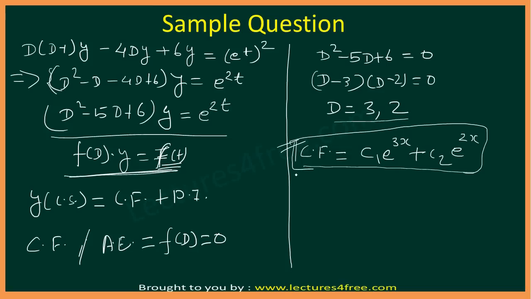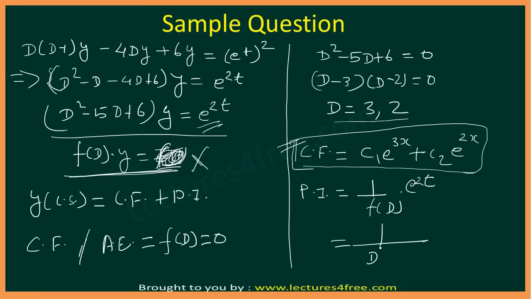Now let's solve for the particular integral. The particular integral will be 1 upon f(D) acting on capital X, where capital X represents e to the power 2t. So you can write 1 upon D square minus 5D plus 6, and here e to the power 2t.